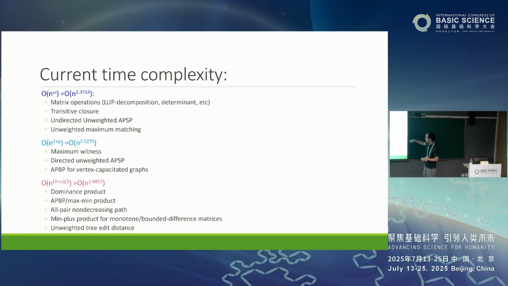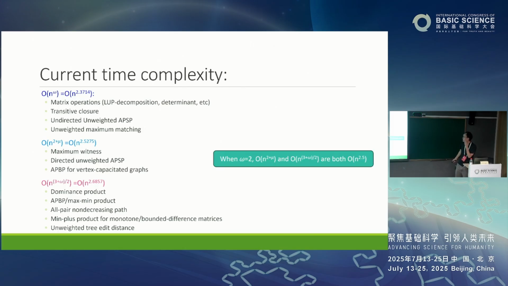And all of those now have 2 plus omega over 2. So if omega equals 2, then 2 plus mu and this 2 plus omega over 2 are both n to the 2.5. So these problems have these running times, but we don't know whether they are equivalent, whether they can reduce each other.